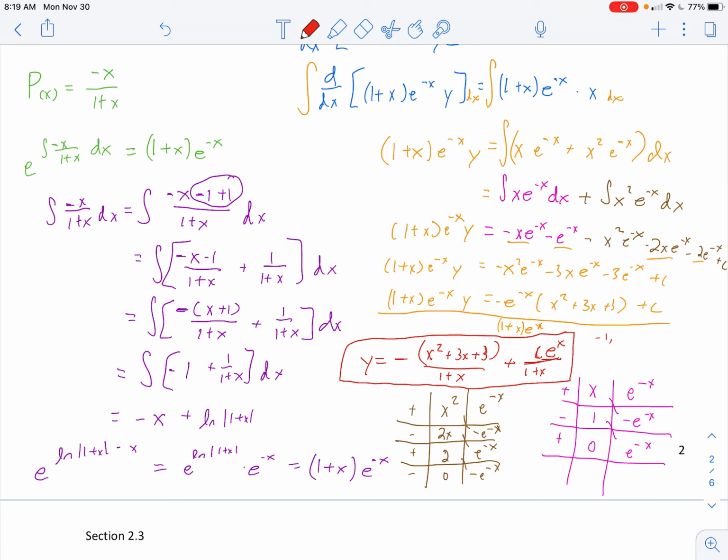Our largest interval would be -1 to infinity, and then we want to check our transient term, so the limit as x approaches infinity for c e to the x over 1 plus x. Hopefully you notice that the top is going to get bigger faster than the denominator, so it's not tending towards 0, so there is no transient term for this one.